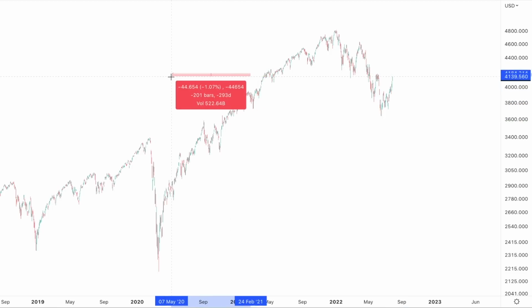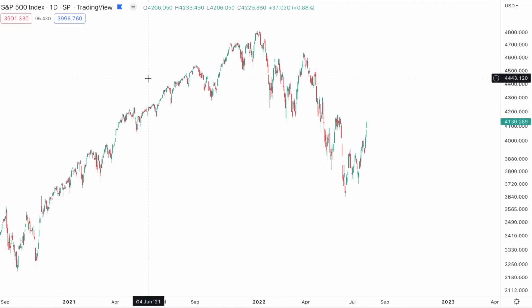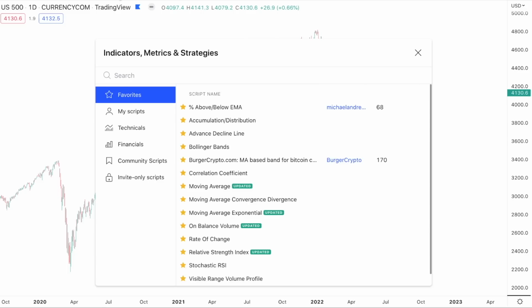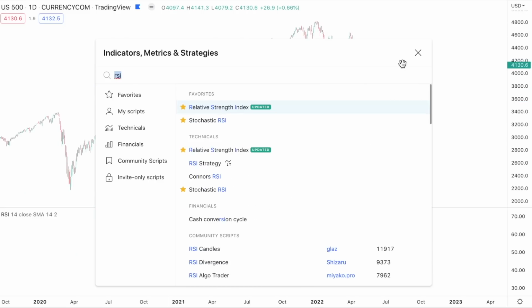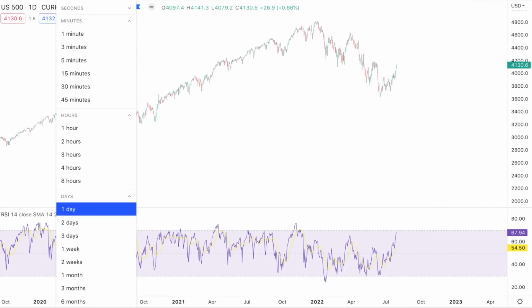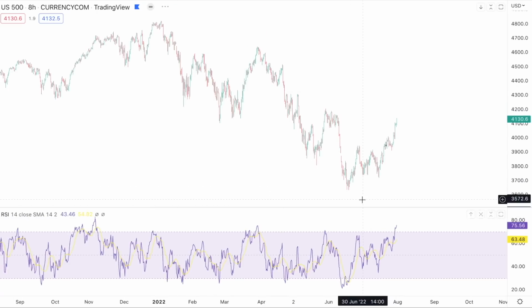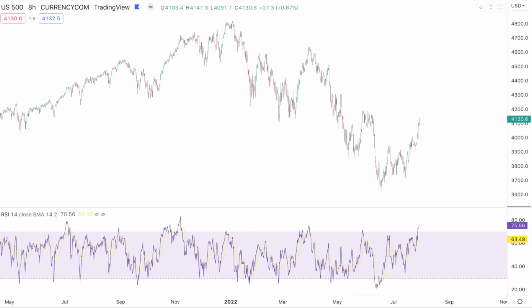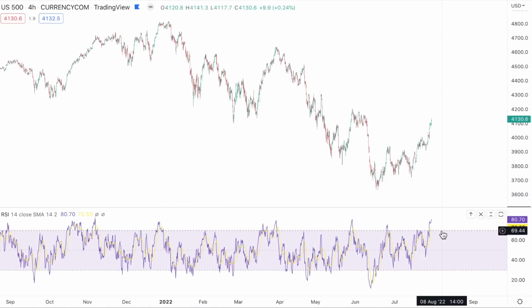So now let's jump to the S&P 500. As we said towards the beginning of this video, we did take a look at the short-term overextension on the S&P 500, whether that's the 8-hour chart showing overextension or the 4-hour chart showing overextension. Very strong overbought readings that also coincided with the tops of these bear market rallies.